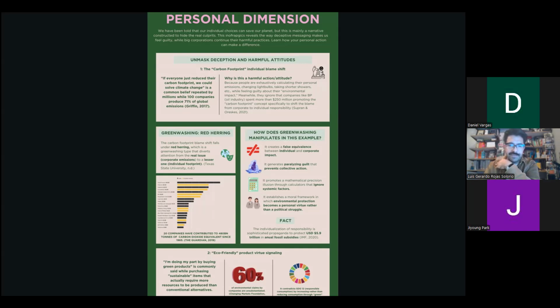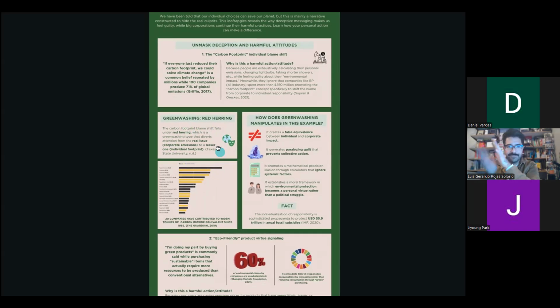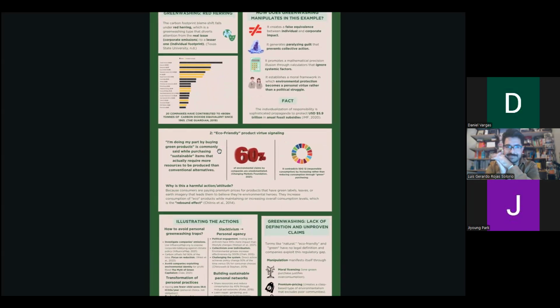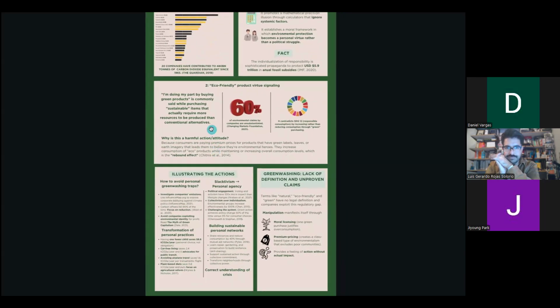To me, I put it in the greenwashing explanation. And how does greenwashing manipulate in this example? Sorry, I thought that was the second one. No, that's perfect. Beautiful. This is the second one, and I really like the way I put the examples.